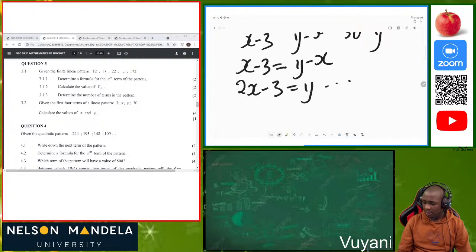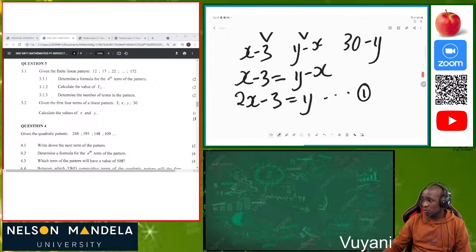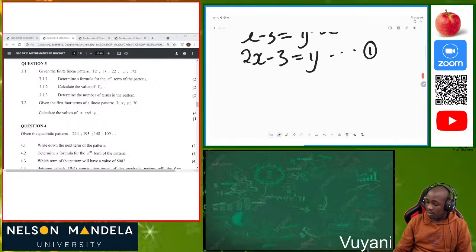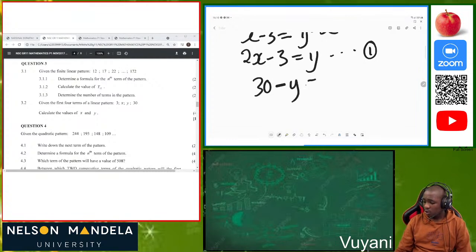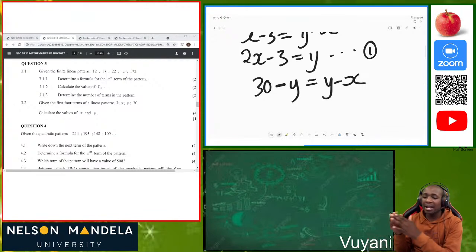Then we can say this is our equation 1. Then now we can take these two: 30 minus y is equal to y minus x, because we always have the constant first difference, which means T2 minus T1 is equal to T3 minus T2 is equal to T4 minus T3.